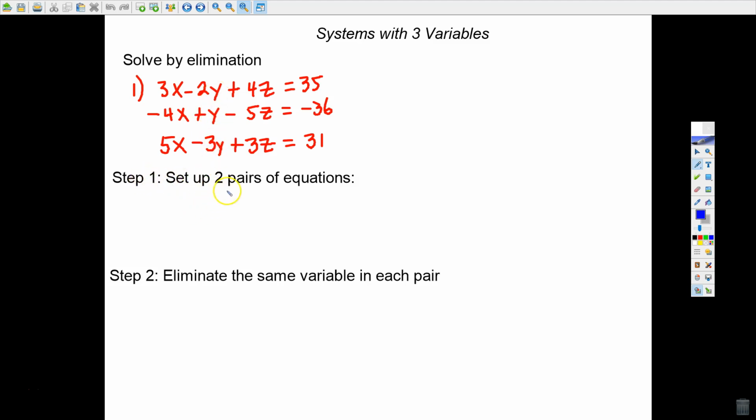So as my step 1 says, after I've identified y is going to be eliminated, I'm going to set up 2 pairs of equations. So obviously I only have 3 equations. If I'm going to set up 2 pairs, one of these will be used twice. One will be used in each pair. So just think about the top and the middle equation being put together. We'll write that out. So here is the first and the second equations.